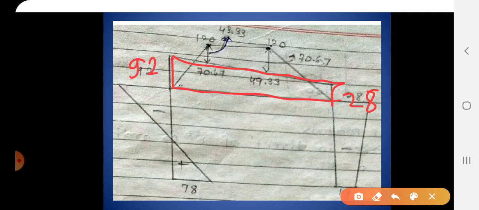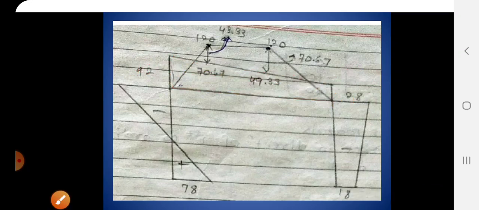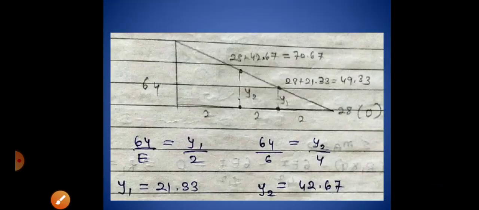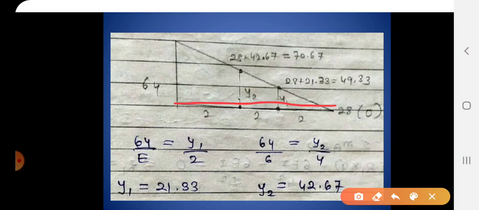I will draw a line here, and this will be the point of 0, though it has 28 value. Now I will consider the triangular part only. Okay, but this 28 is considered as 0. Yes, I have drawn it here for you. So this is 28 and I am considering this as base 0.